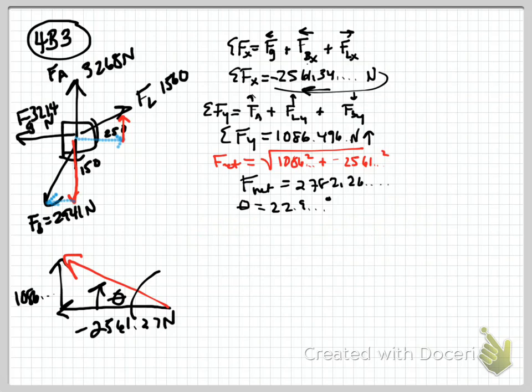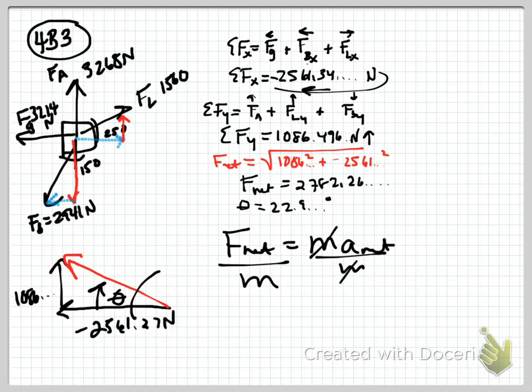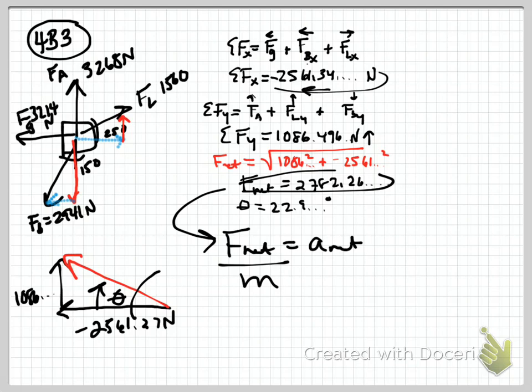What we're really looking for is our net acceleration, and we know that F net equals mass times net acceleration, so if we divide both sides by mass, we get our net acceleration. And at this point we're simply plugging in our net force number there, and we've got the mass of the car, which is 1,275 kilograms.